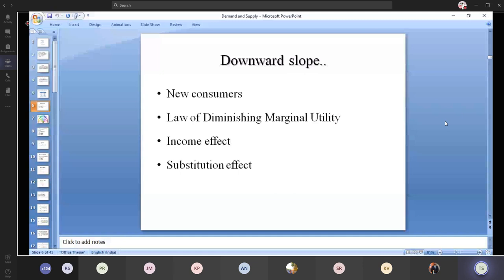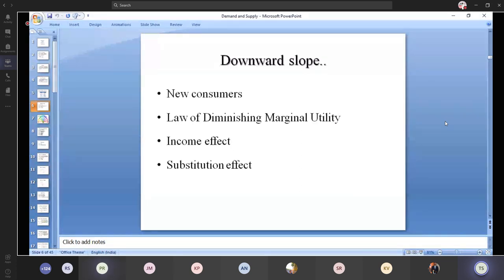So new customers. If in a new market region, or any geographical region, or in sub-markets, there is a larger number of consumers, what will happen to the quantity demanded for a particular brand? If consumers are going to purchase a particular brand, and in that particular region there are more consumers, what will happen to the sales of that product?